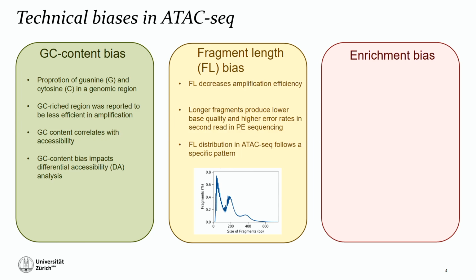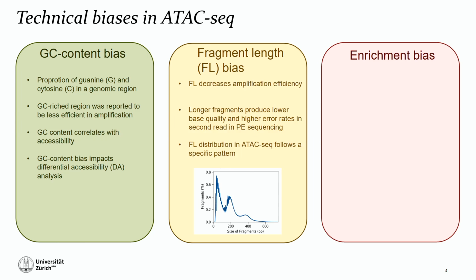More specifically, in ATAC-seq we expect a specific pattern of fragment length distribution, with peaks at 100, 200, and 400 bp, representing the nucleosome-free, mononucleosome, and dinucleosome regions respectively. However, the exact size will vary across samples.